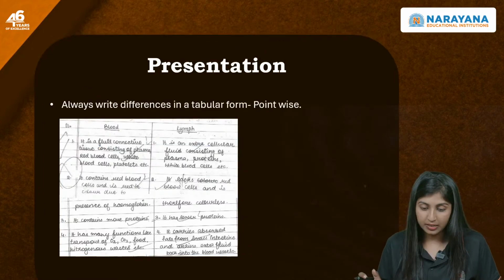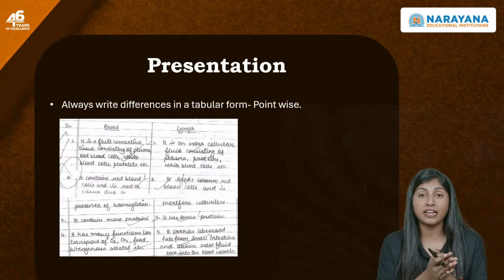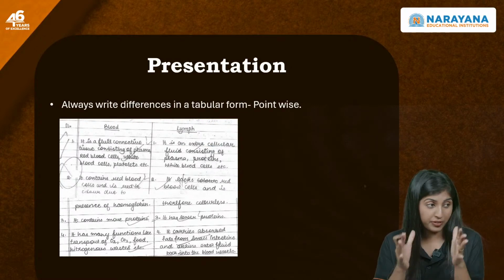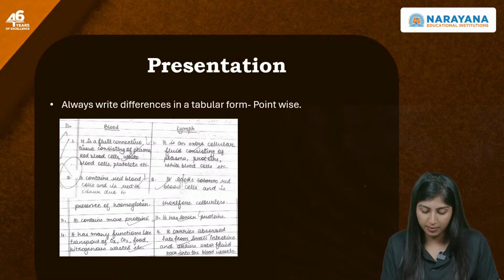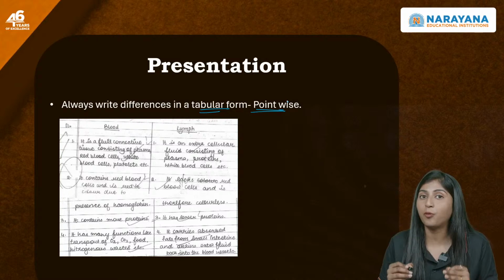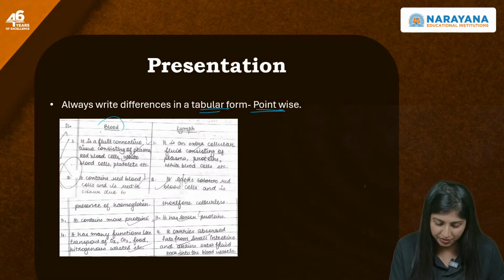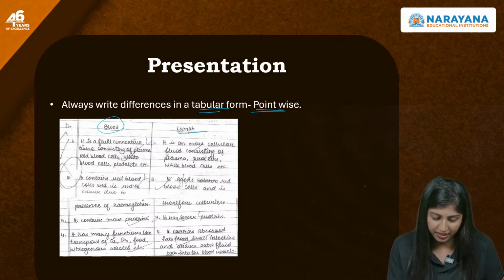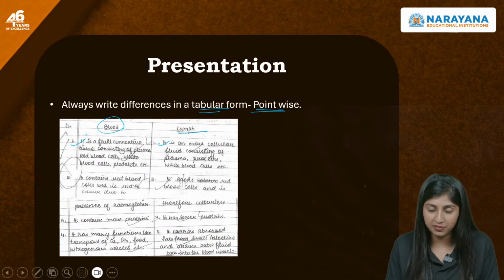All right. Now, whenever you're writing differences, this is also very important. Always remember that differences should be written in a tabular form and point-wise. Like here, there's a difference between blood and lymph. She has written point number one, differentiating between both the things.